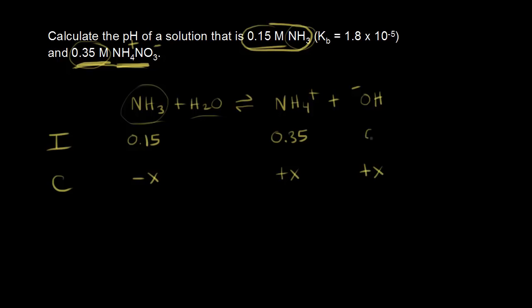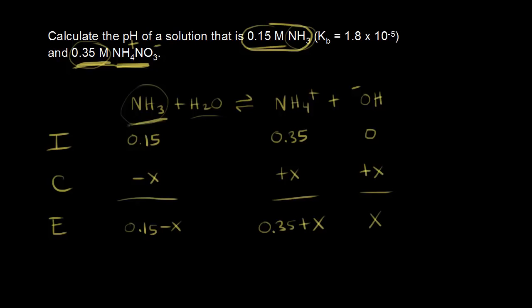And we're saying that we have 0 for our initial concentration of hydroxide. So when the reaction comes to equilibrium here for ammonia, we would have 0.15 minus X. For ammonium, we have two sources, right? So this is a common ion here. So we have 0.35 plus X, and then for hydroxide, we would have just X.